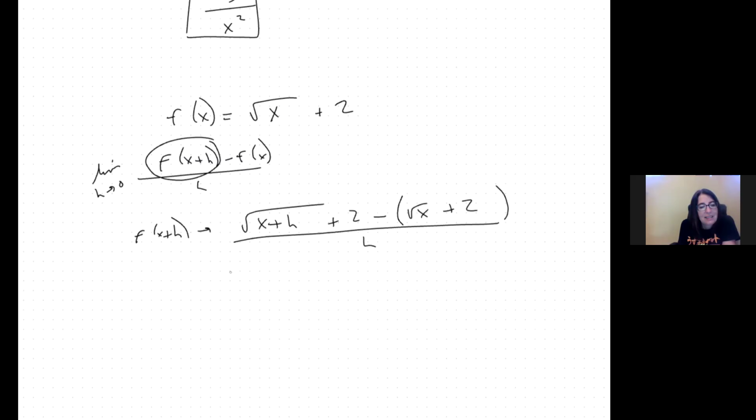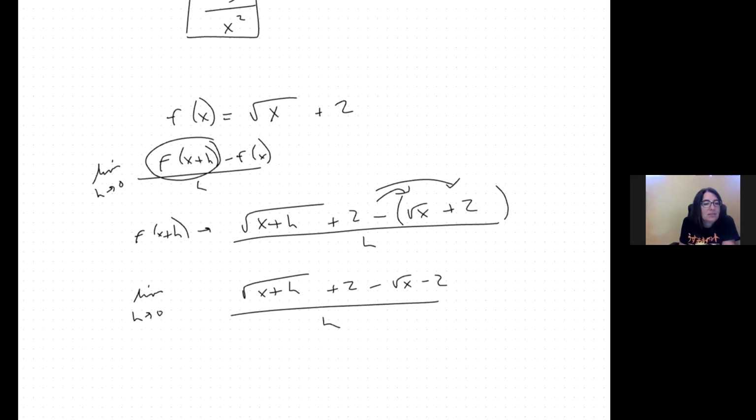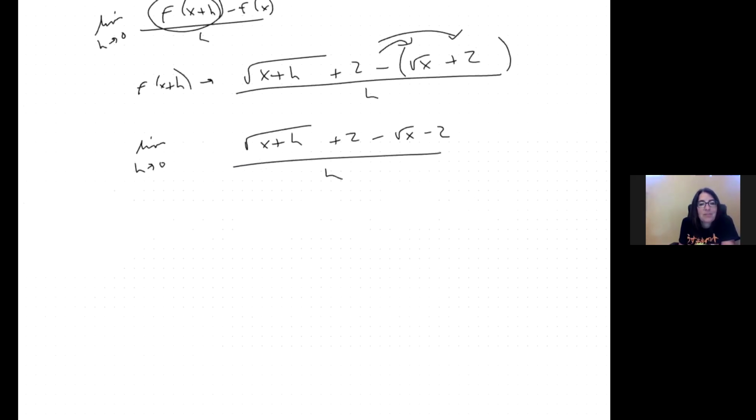The limit if h goes to 0, plus 2, distribute our negative, minus the square root of x minus 2 over h. Our 2's are going to cancel. Okay, then we have our square roots left. Oops. Go back.